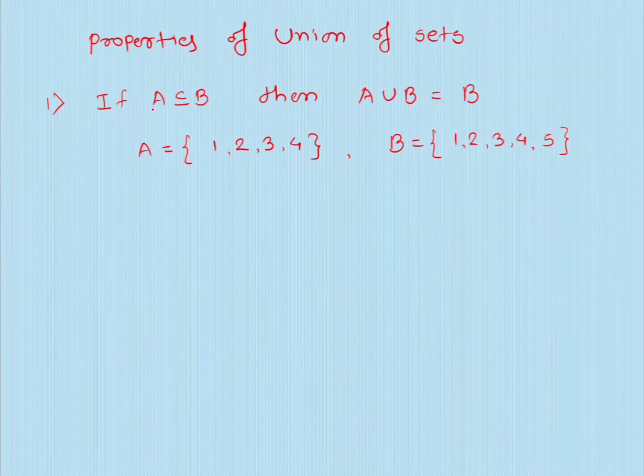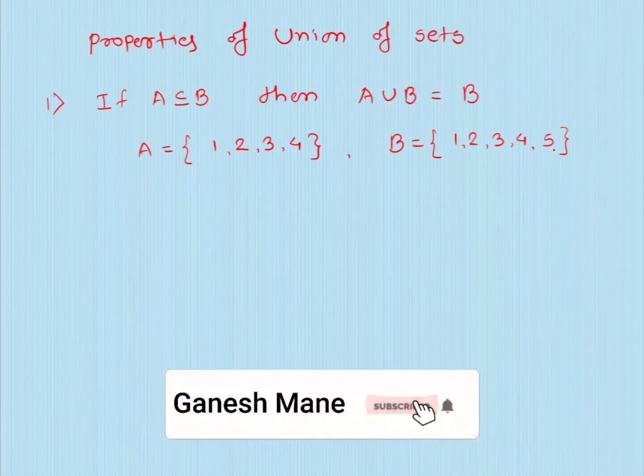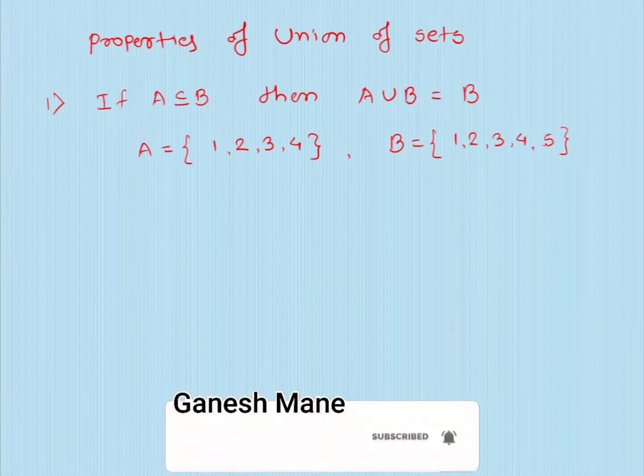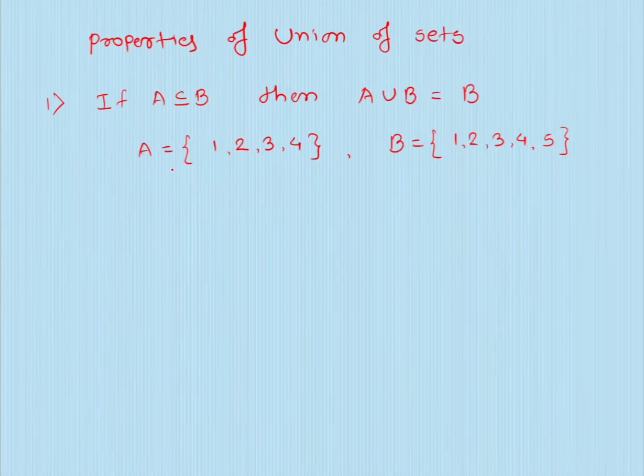Because set A is a subset of set B, for set B there must be at least one element extra than the elements in set A. So set A has 4 elements, 1, 2, 3, 4. So that's why all the elements must be there in set B, and along with it, it has another element 5. So now in this case, every element of set A is in set B. So A is a subset of set B.